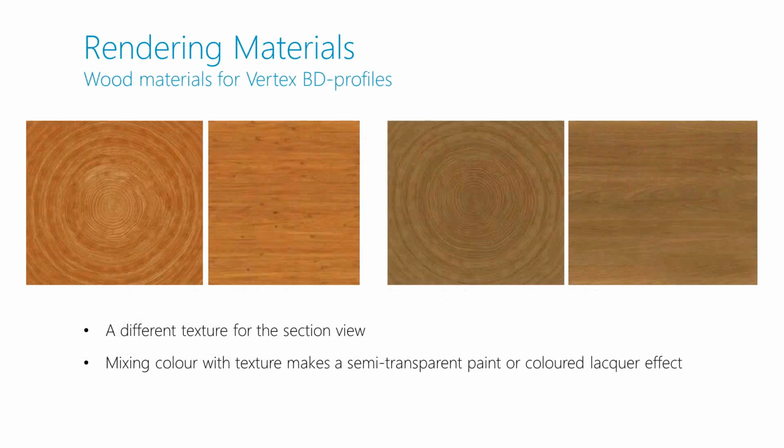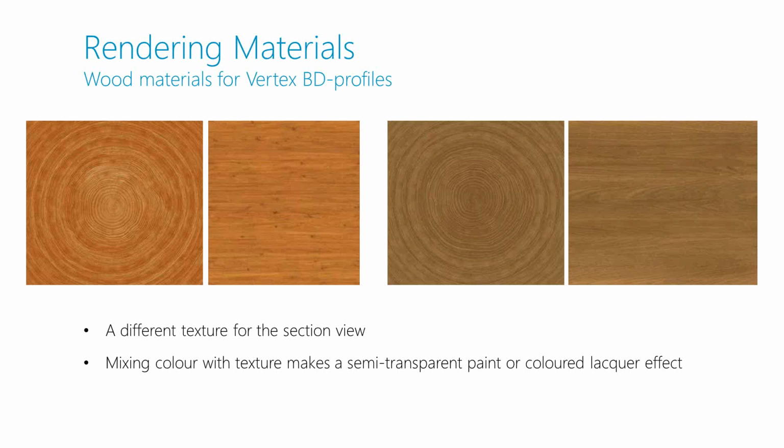Some wood materials for Vertex PD profiles have been added. They are based on much better texture files than before, and you can mix any color with the texture to simulate different paint finishes, like both transparent and opaque paints.